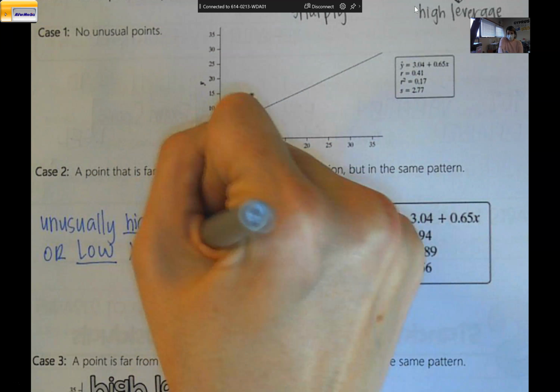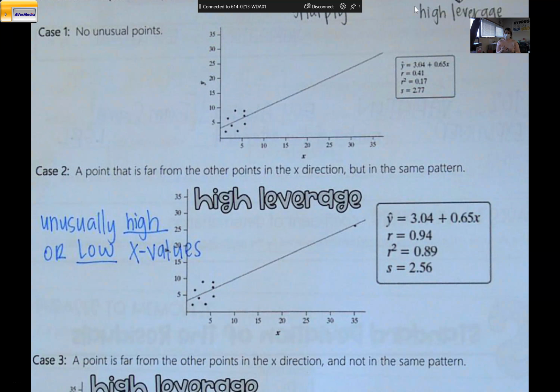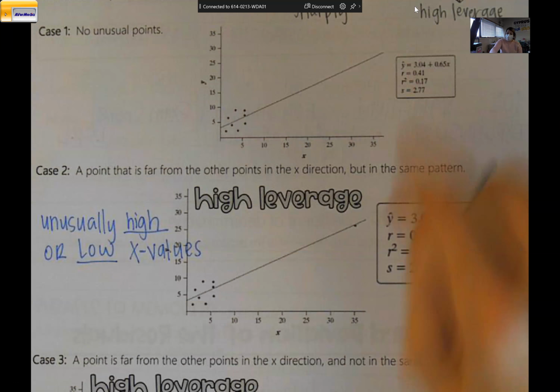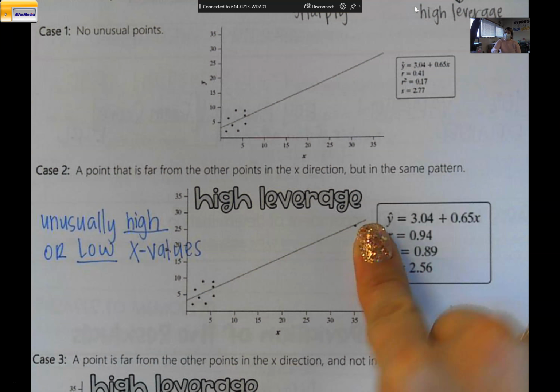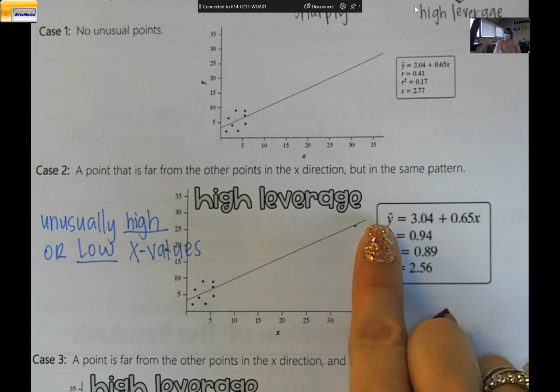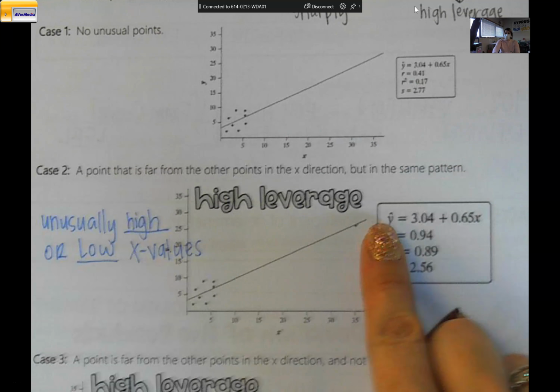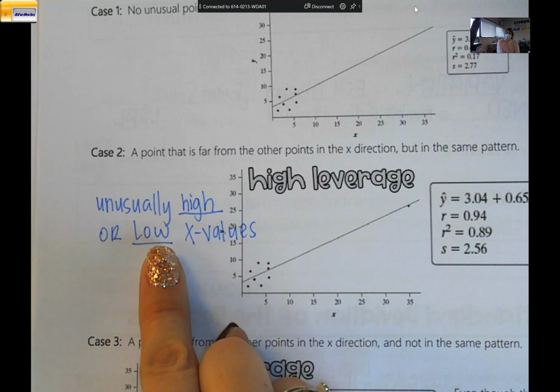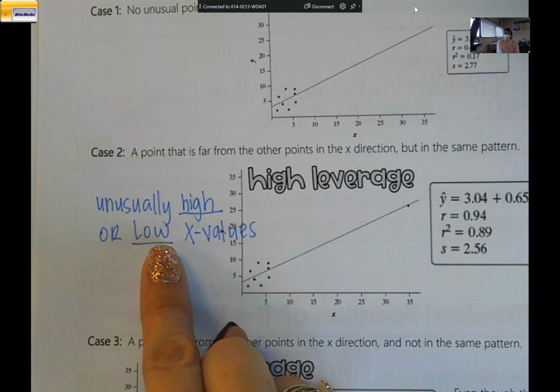I always forget about the low part. I'm used to recognizing that if we have a point that's way out here in the X, of course that's going to affect our line. But there will be some data sets where you will have a point to the left that is unusually low. That is also going to cause some issues for your line.